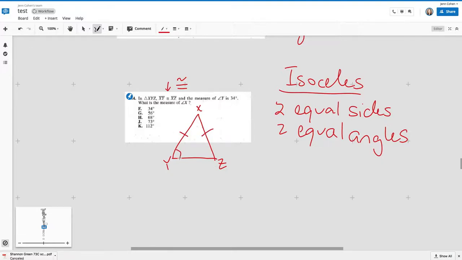That means that angle Y and angle Z are also going to be equal. They tell us Y is 34, so Z is also 34. So our remaining angle, angle X, will be 180 minus 68, which is going to be 112. That's our answer.